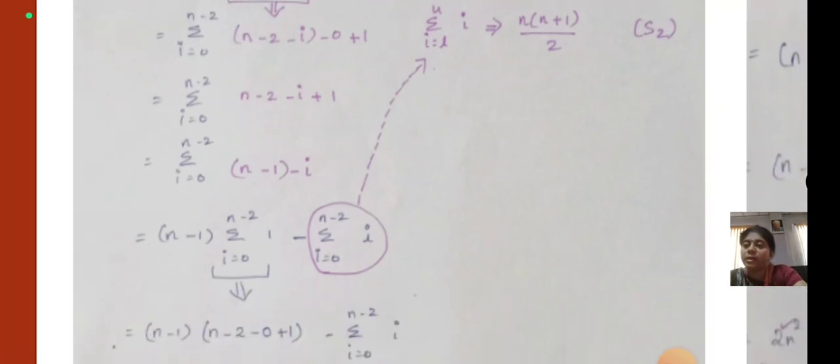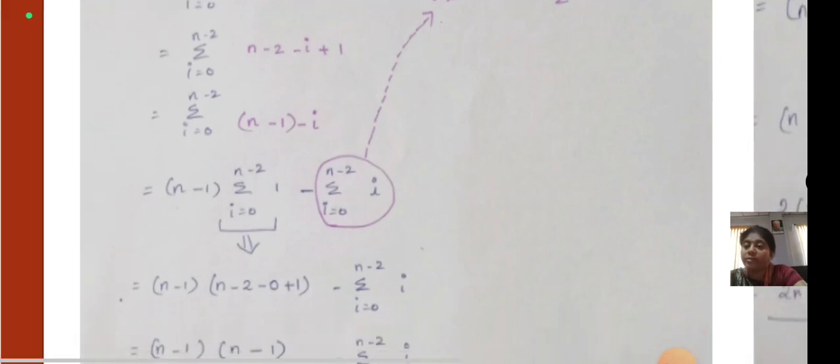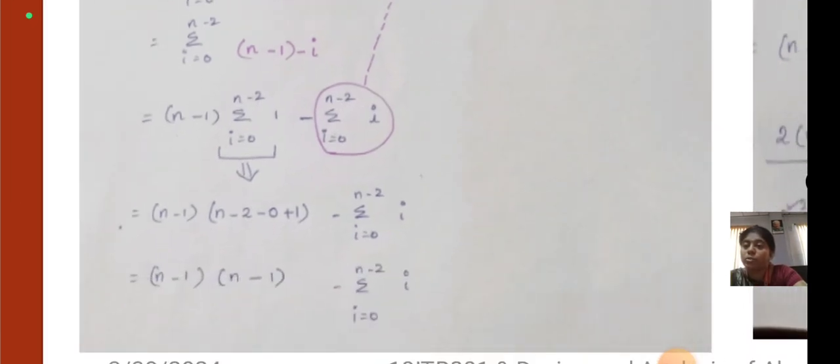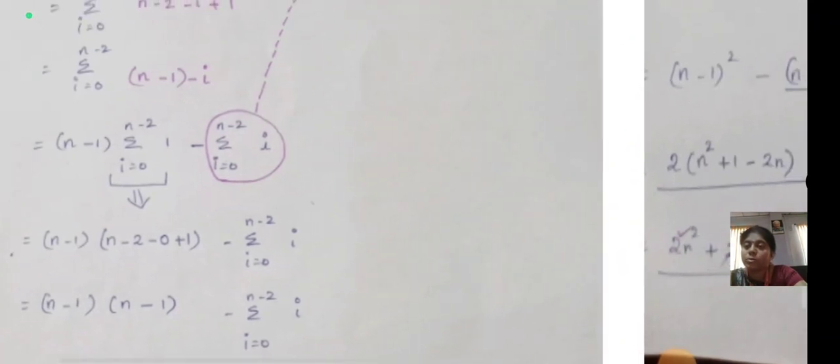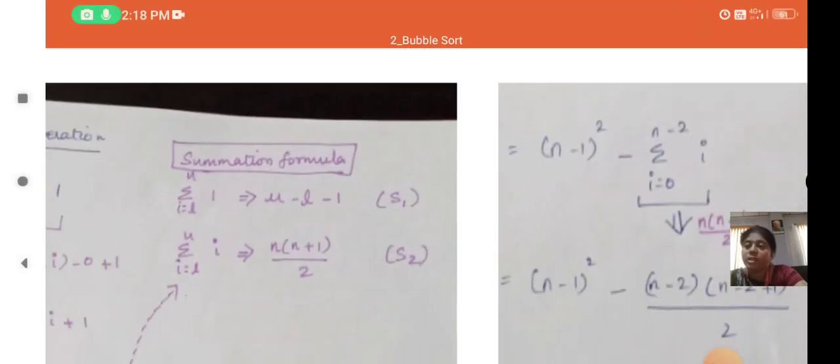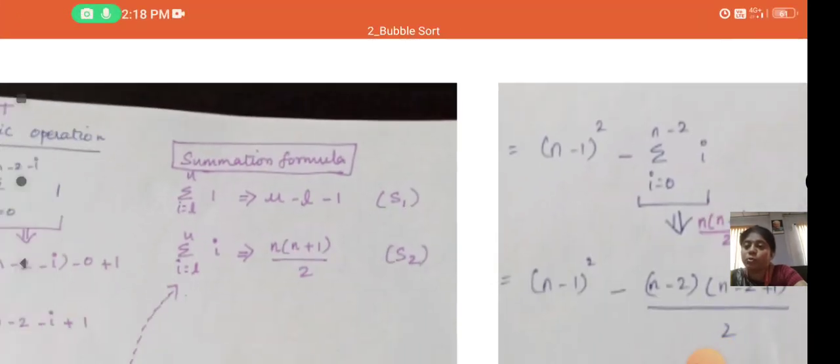Again this will be rewritten as the summation of n minus 1 minus i. Here n minus 1 is a constant, and we substitute upper bound minus lower bound, getting n minus 1 and n minus 1. For the summation of i from 0 to n minus 1, we have the formula n of n plus 1 by 2.